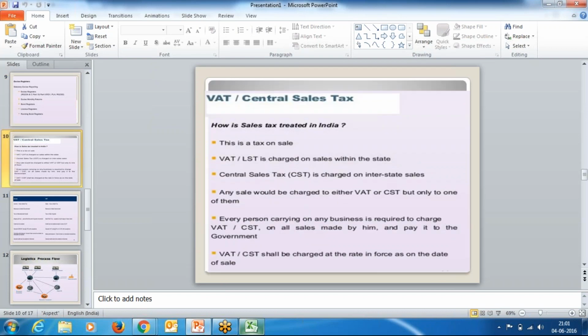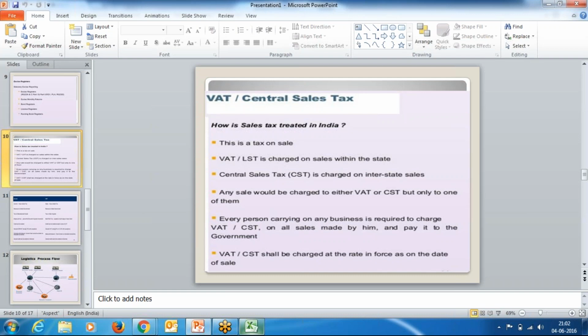Then comes your VAT or CST. This is about the sales tax. So what happens when you sell anything? Suppose a vendor is selling any product to you, they have to pay VAT. So where is VAT applicable, and where is CST applicable? If I am purchasing any product within my state, then VAT is applicable.